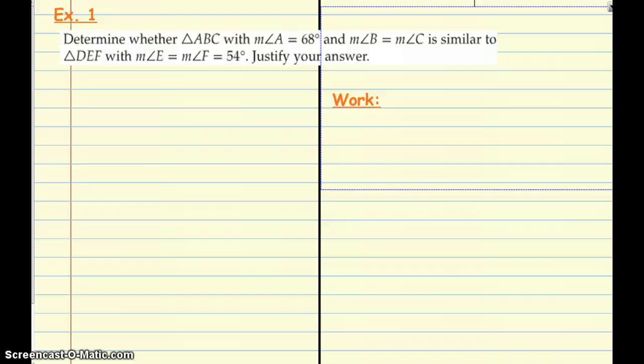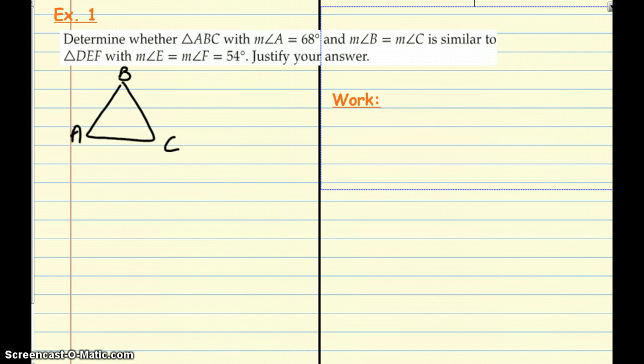Example number 1 says determine whether triangle ABC with the measure of angle A at 68 degrees and B and C are the same, is similar to triangle DEF, and DEF has angles E and F that are 54 degrees. So the first thing I'm going to do real quick is sketch two triangles, and this one's going to be triangle ABC.